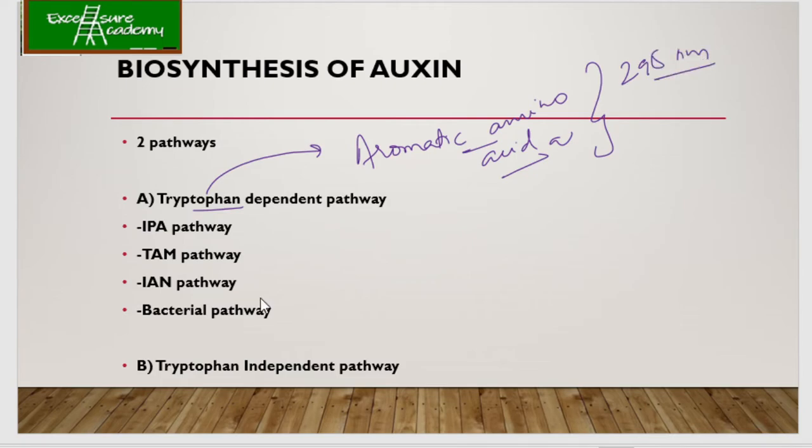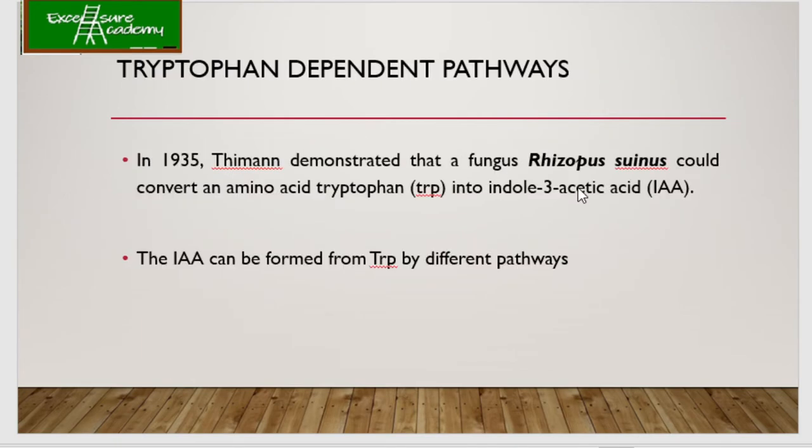There are different pathways depending on the tryptophan. It means that tryptophan is acting as the precursor or the initial material. So we have the IPA, TAM, IAN and Pachyl pathway. Then we also have the tryptophan independent pathway. Let's discuss the tryptophan dependent pathway.